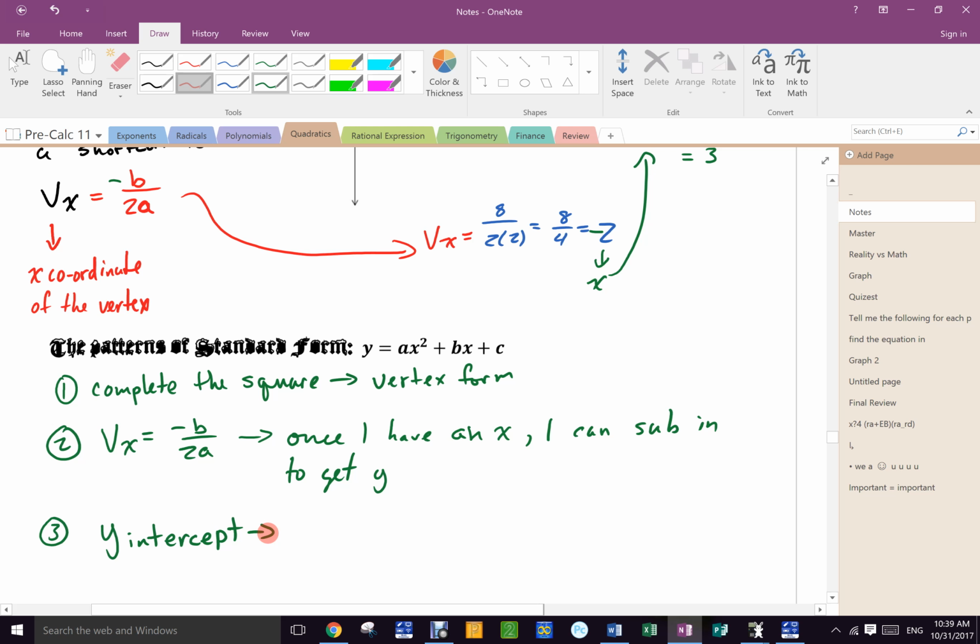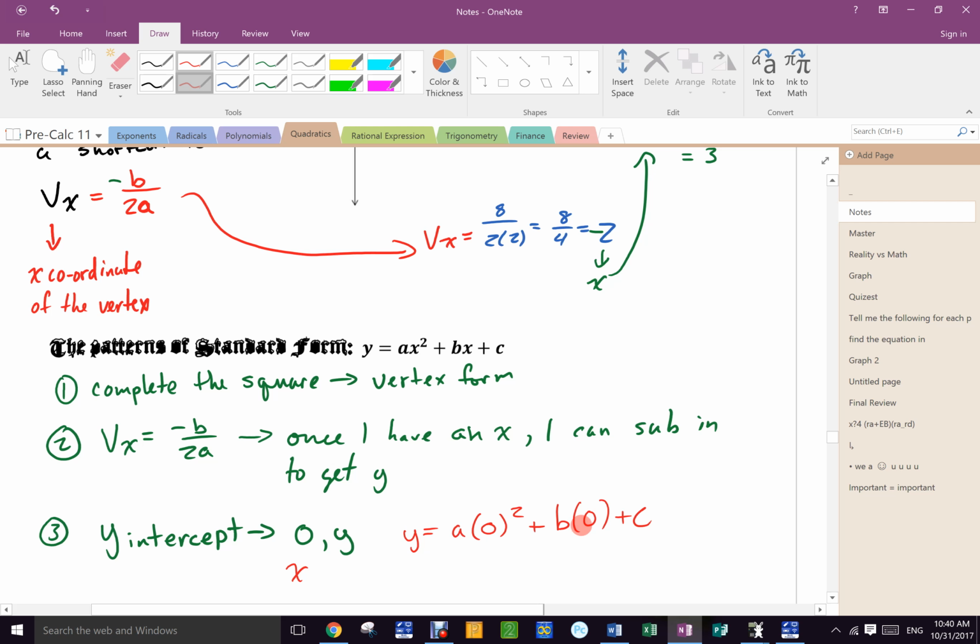What is every single y-intercept? 0, y, correct? Is that an x-coordinate? So where can that go? In for x, yes? So y equals a, not x anymore, what is it? 0 squared, plus b, not x anymore, what is it? 0 plus c. What's 0 squared times a? 0.